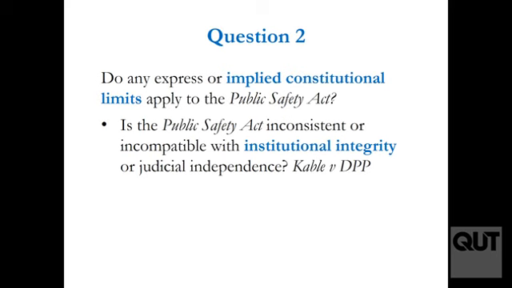What the High Court has done is extend the reach of the Commonwealth Constitution to the states, which means that there are some limited constitutional protections that exist for the independence of state courts. So what the Kable Principle does is it prevents clear and severe intrusions into the independence of the judiciary.